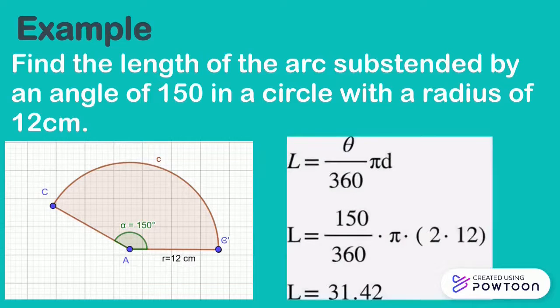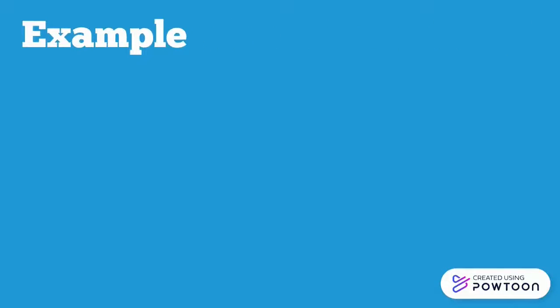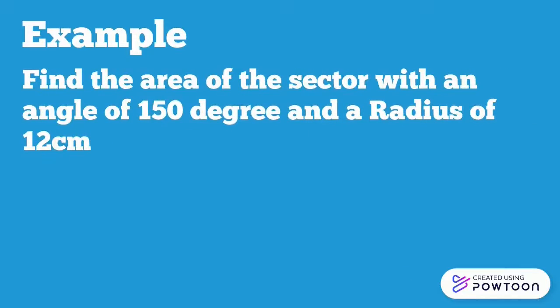Here the length is equal to 150 over 360 times pi times 2 times 12, which is the diameter. If I write 3.14 for pi, which is the approximate value of pi, and multiply all of them, I will reach the result of 31.42 centimeters.